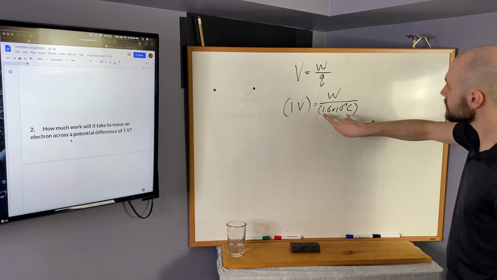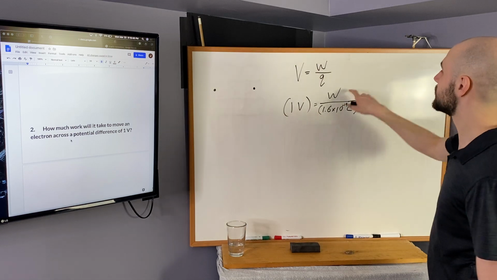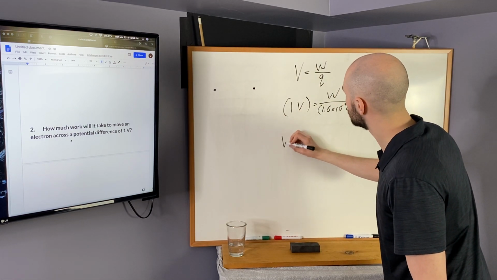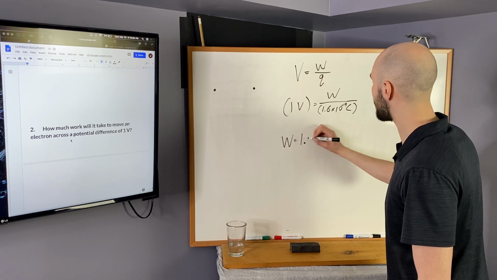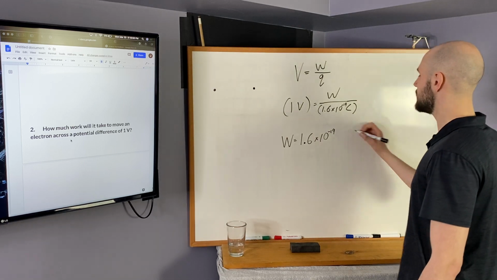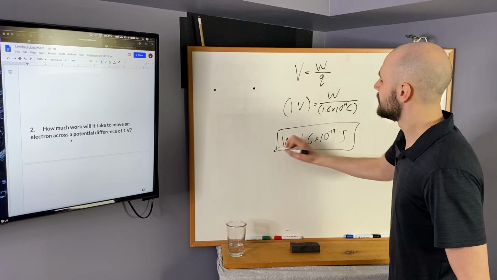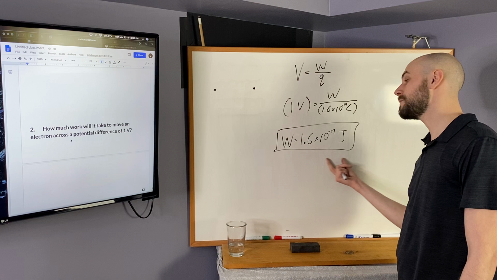Okay, so we're moving this electron through a potential difference of 1 volt. We can multiply, and we find that the work required is equal to, this times 1 is just itself in magnitude, 1.6 times 10 to the minus 19 joules. Now, this quantity is actually important for us.